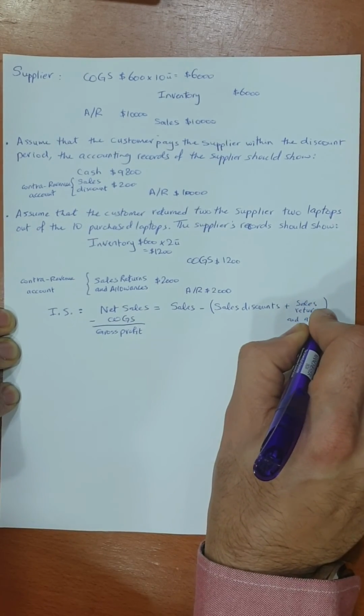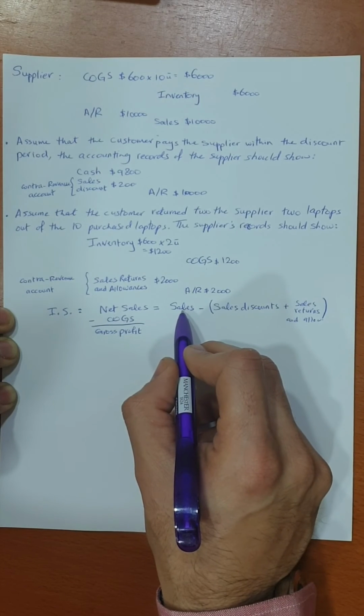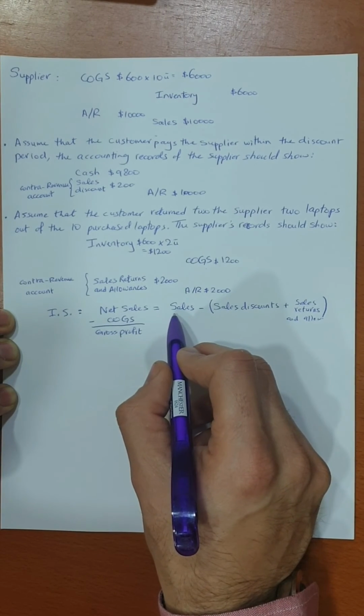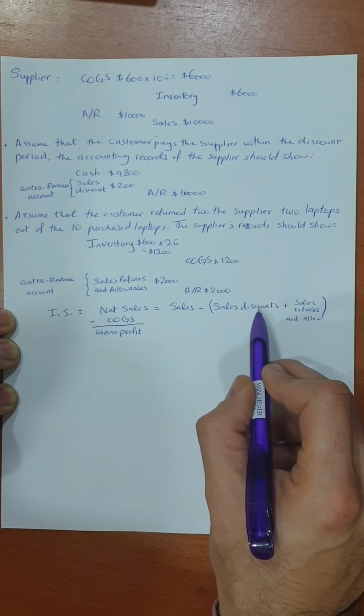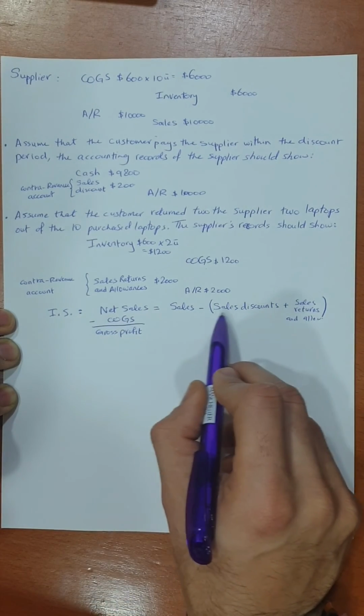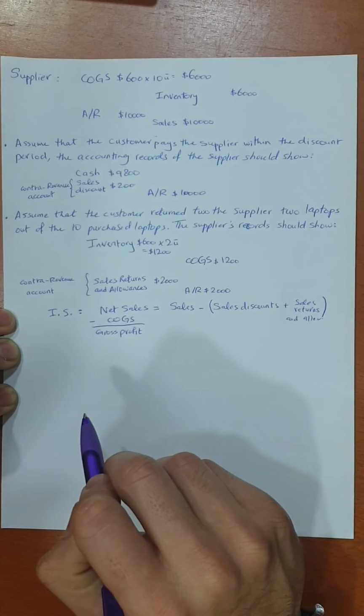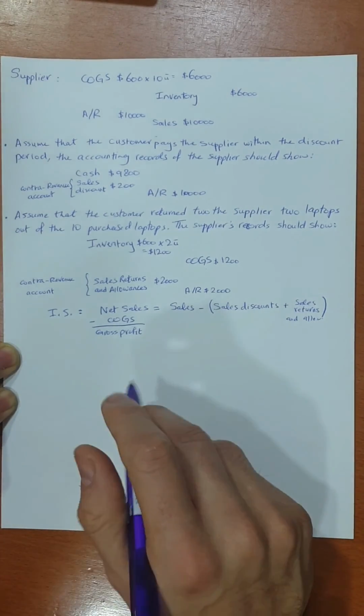So our sales that should appear in the income statement as net sales are the sales that we made in principle minus those discounts and those that were returned. Okay, so net sales is sales minus the sum of sales discounts and sales returns and allowances.